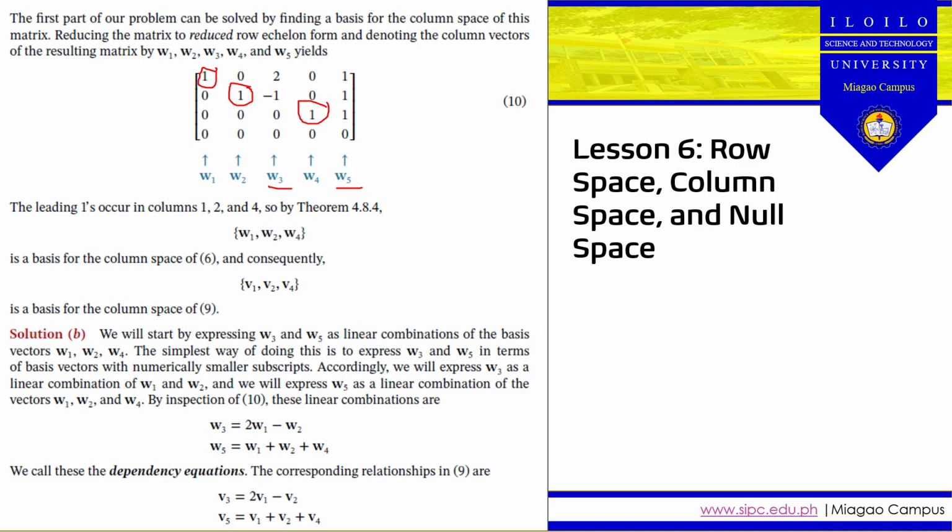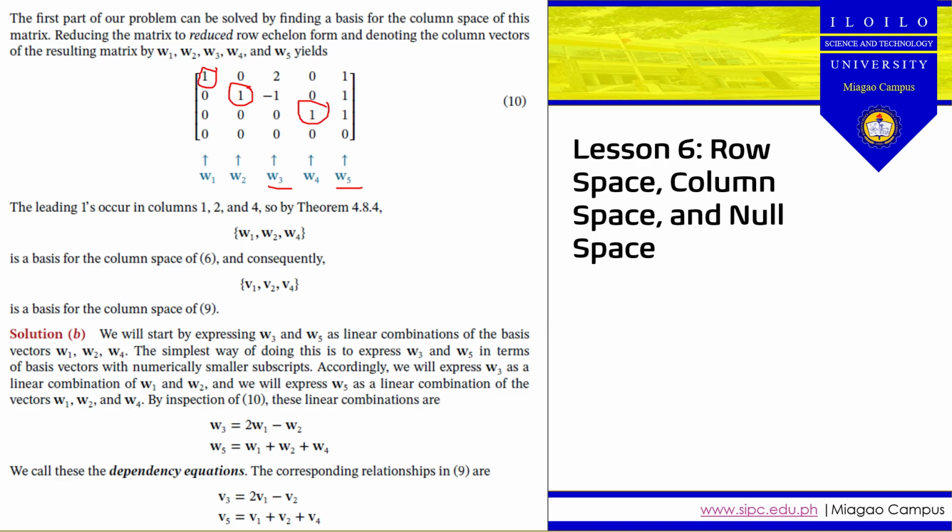Accordingly, we will express w sub 3 as a linear combination of w sub 1 and w sub 2, and we will express w sub 5 as a linear combination of the vectors w sub 1, w sub 2, and w sub 4.